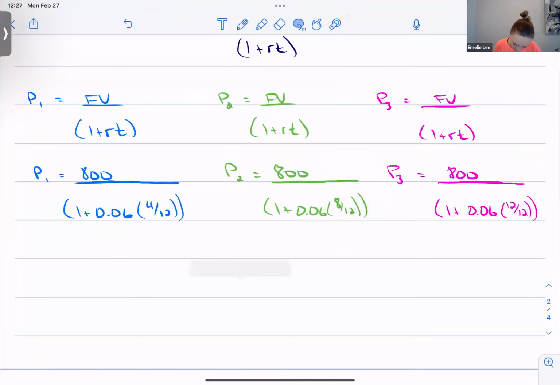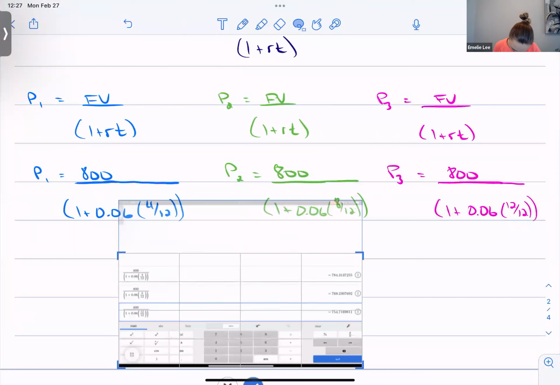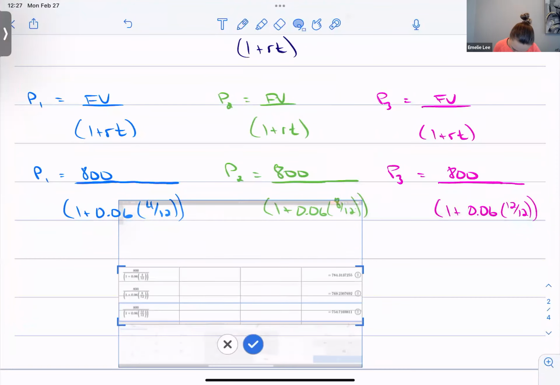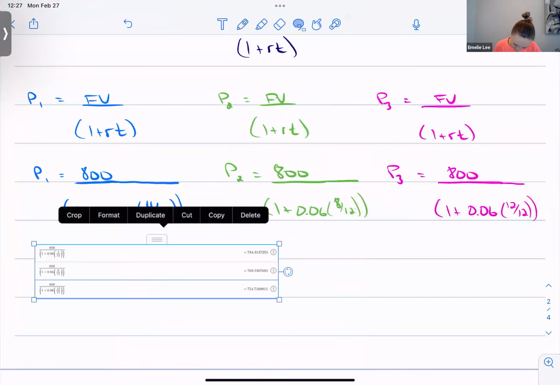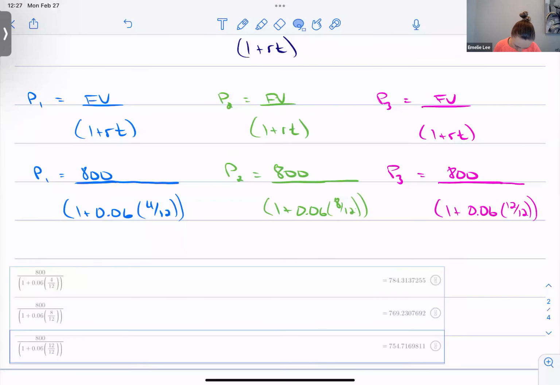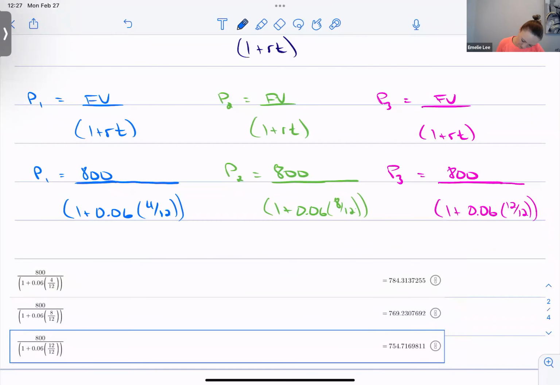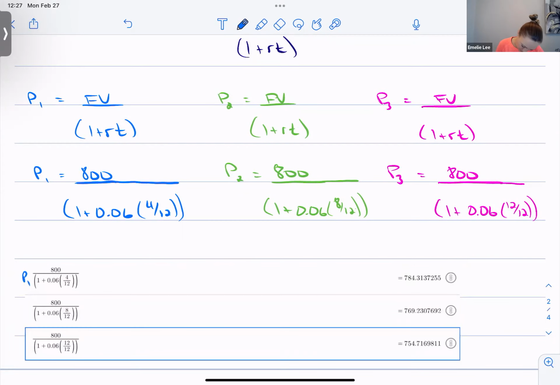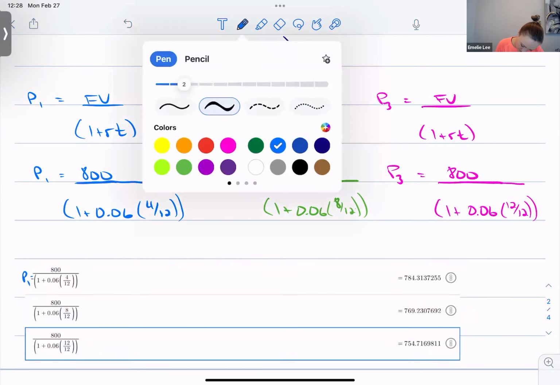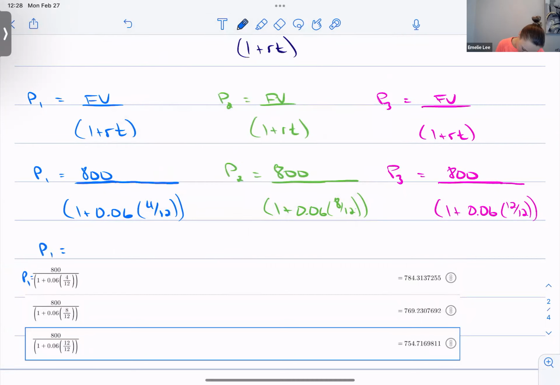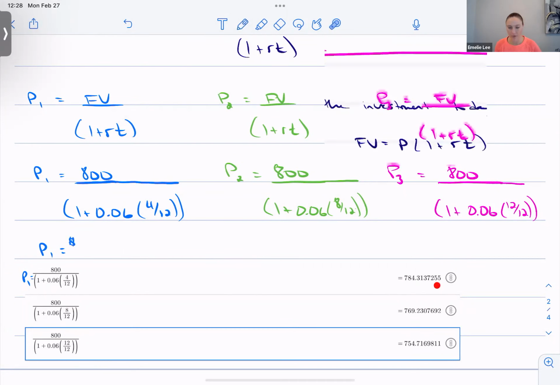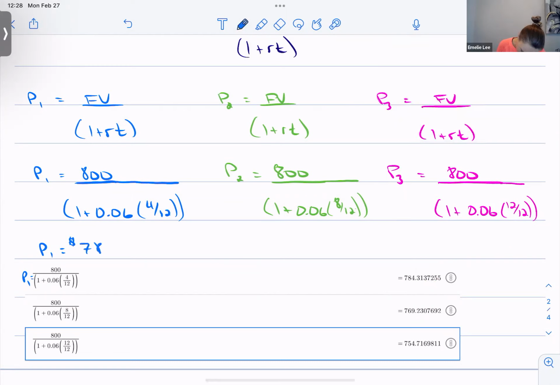And crop. So this is P1, and P1 in dollars, right? Because I have the full amount here. So now I can just write it in dollars: 784.31.